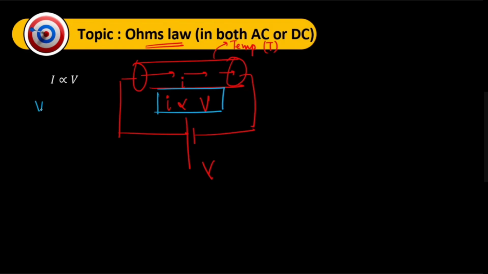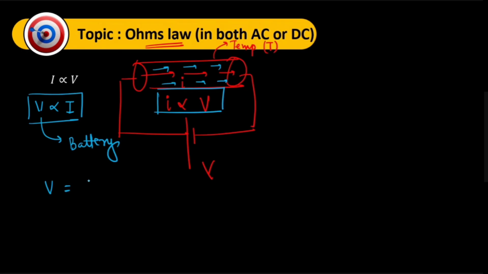We can also write this equation as potential being directly proportional to the current. Whatever value of potential we put as a battery, that value of potential will be directly proportional to the current flowing into the circuit through that conductor.